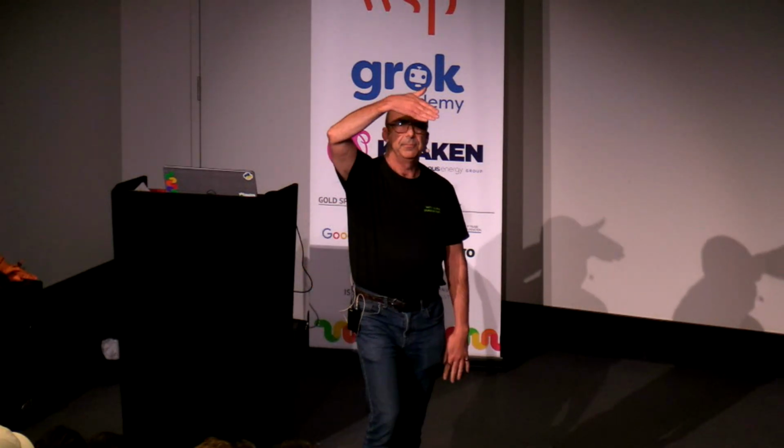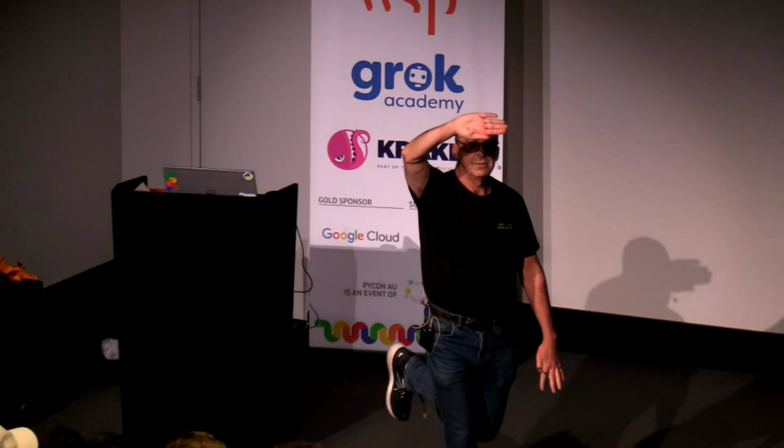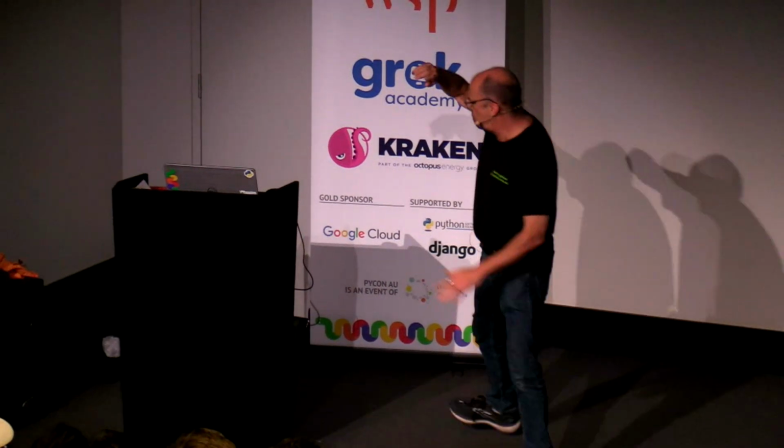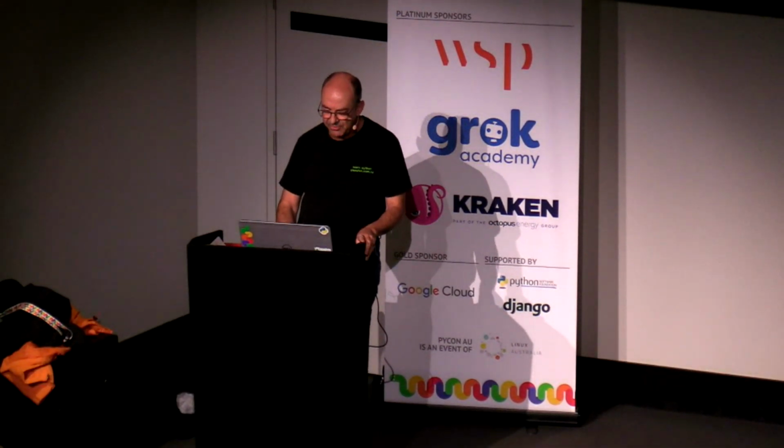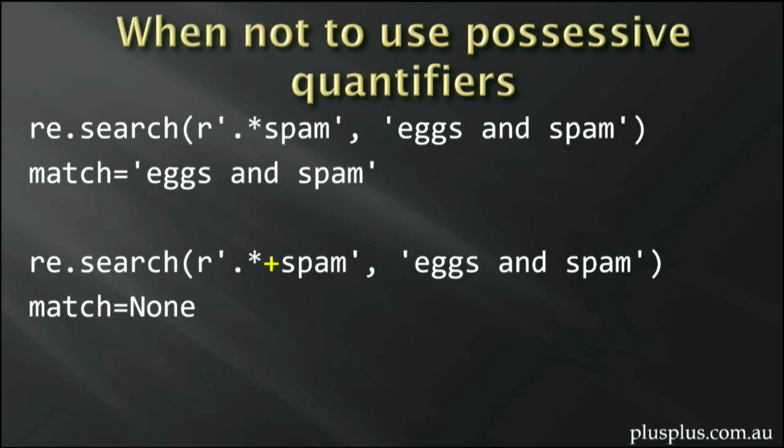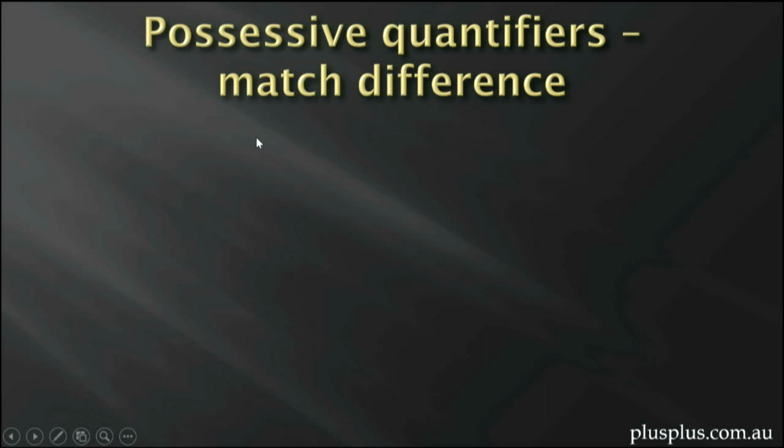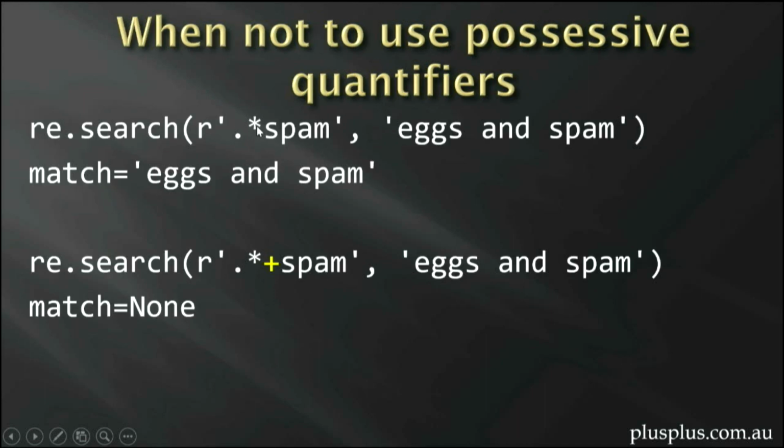Up the back somewhere? Could you explain possessive regex again? I didn't quite understand it. Sure. So it's a funny word, because what it really means is, the best one for that is this one. So this particular one, dot star, means 0 or more of anything followed by a spam. When it parses eggs and spam, it'll actually read or eat or consume all of it and then go, I didn't find.